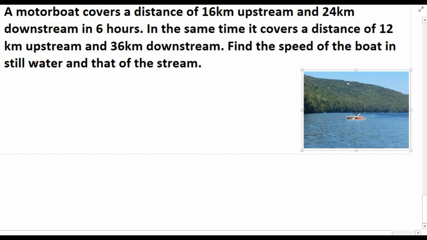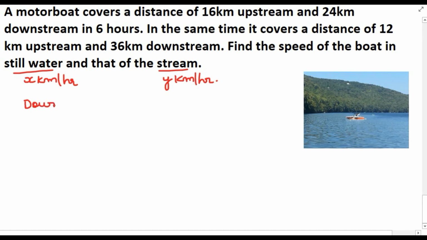So we can write, let the speed of boat in still water we will take as x km per hour and speed of the current or the speed of the stream as y km per hour. Therefore, downstream speed will be x plus y km per hour.